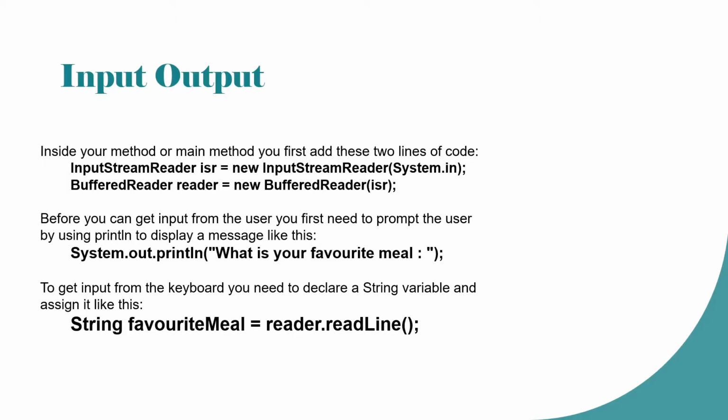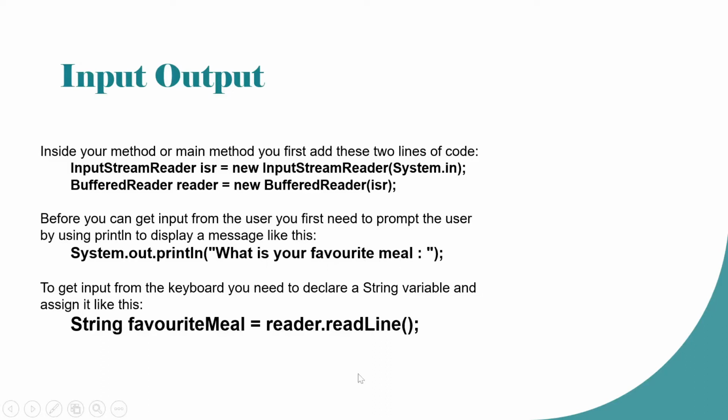Inside your main method, you will first add these 2 lines. And in fact, if you could create a rubber stamp and put these 2 lines on a rubber stamp, then every time you needed keyboard input, you would just stamp these 2 lines. Before you can get input from a user, you need to first prompt the user by using a println to display a message like this: what is your favorite meal?